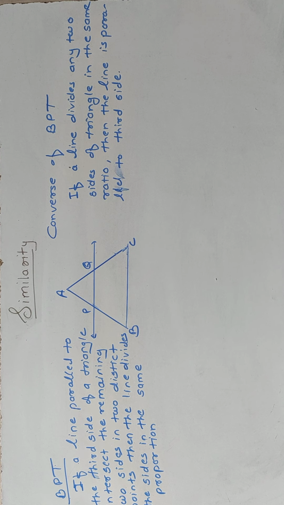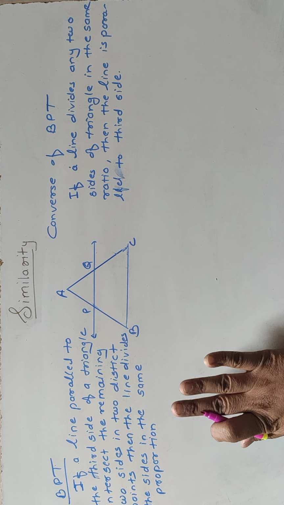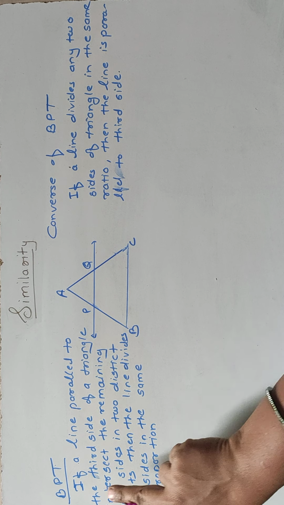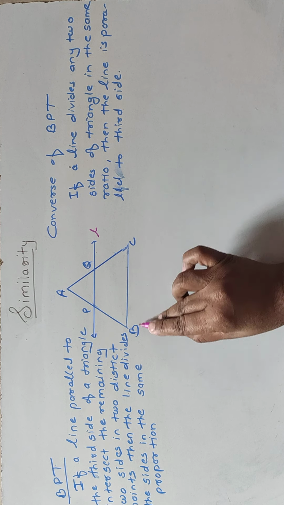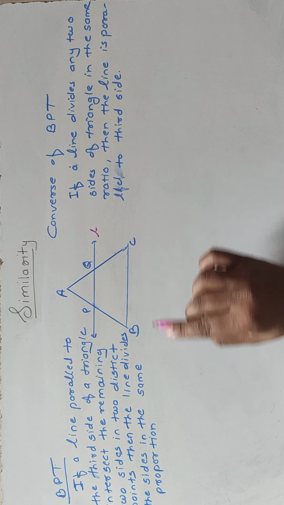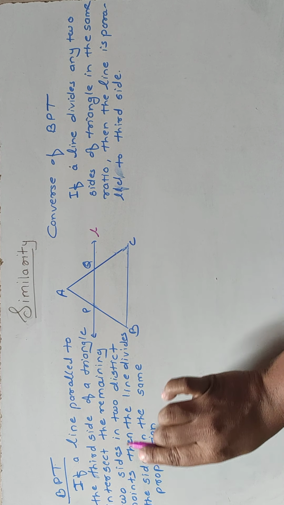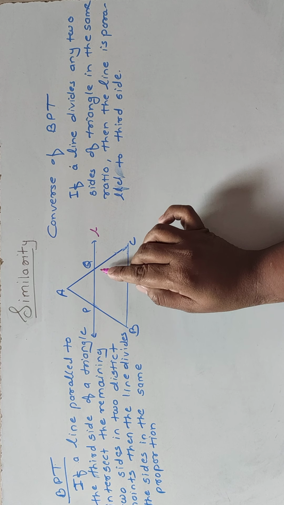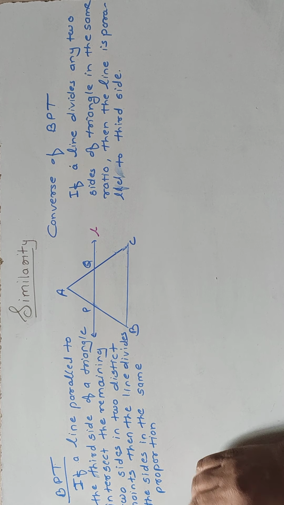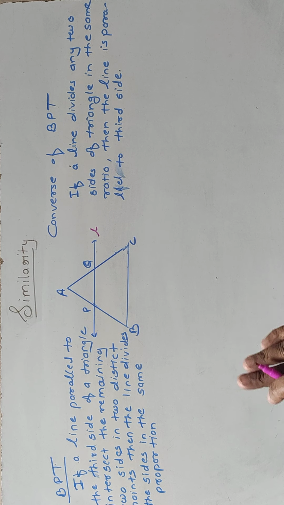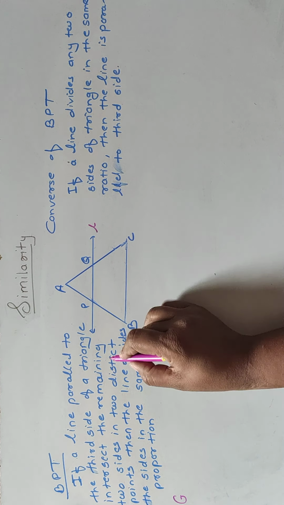Now we will see the converse of the BPT theorem. We know the BPT theorem: if a line is parallel to the third side of a triangle, as we just saw, this line L is parallel to the third side BC, and intersects the remaining two sides at two distinct points, P and Q, then the line divides the sides in the same proportion. So what is the difference between the converse and the theorem?